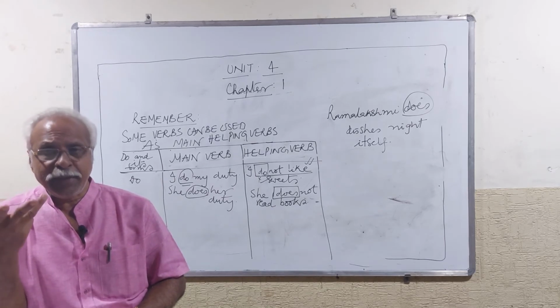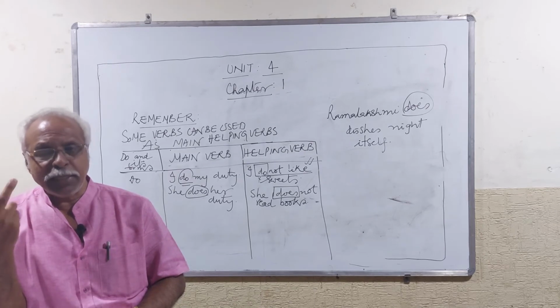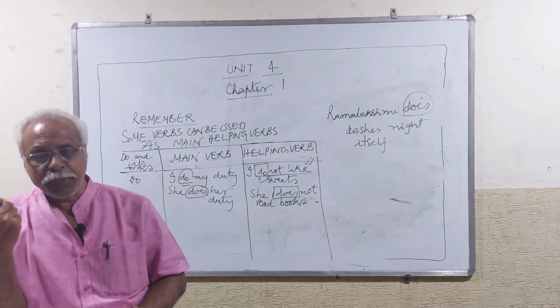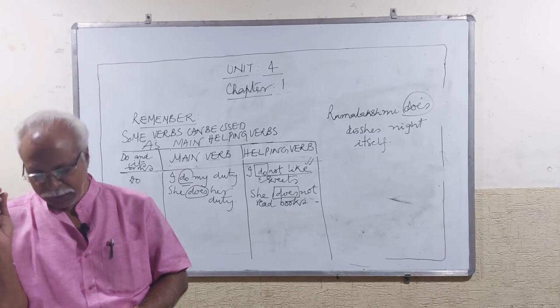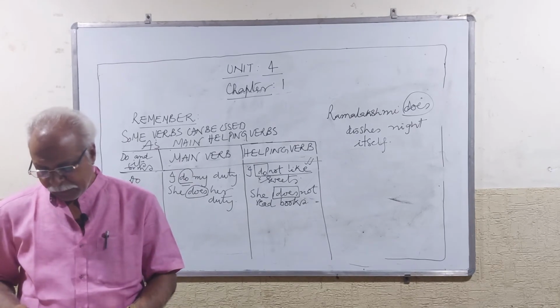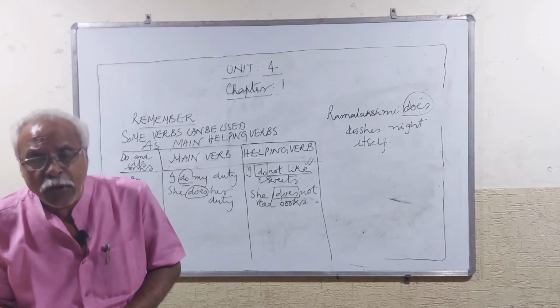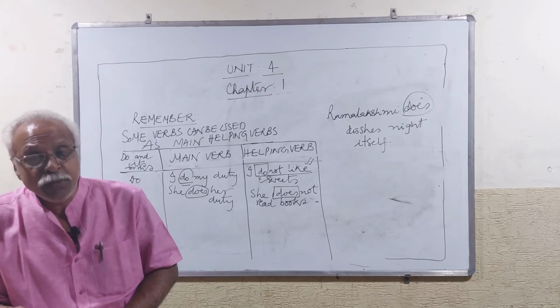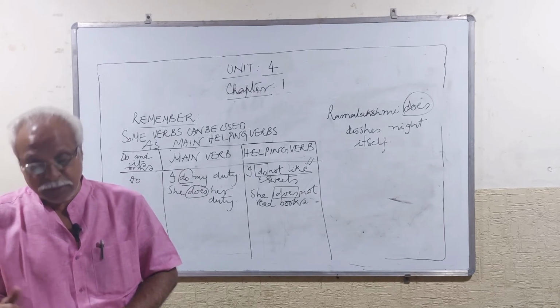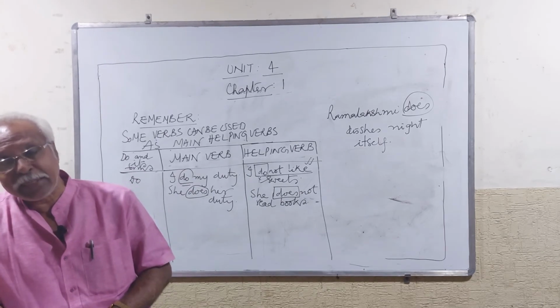Some people do painting. Some people do ironing. Some people do carpentering, some other things like that. Do here means this. What did she do, or what did he do for his living in the past?